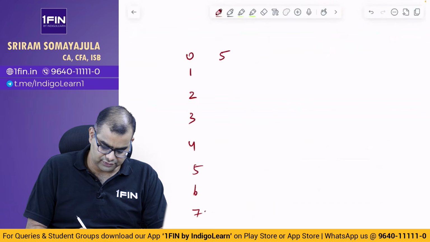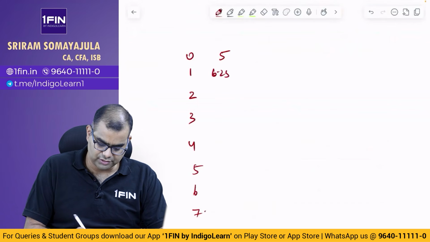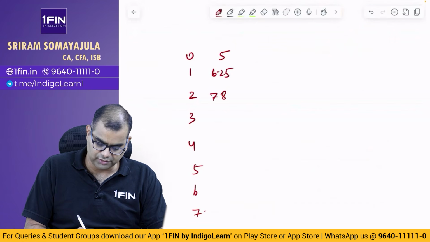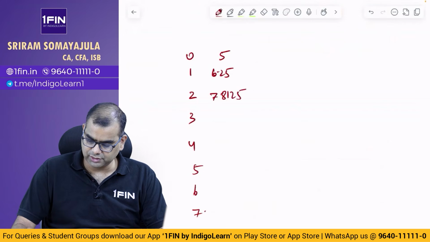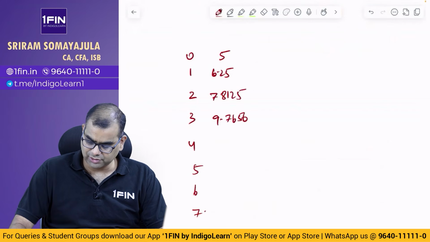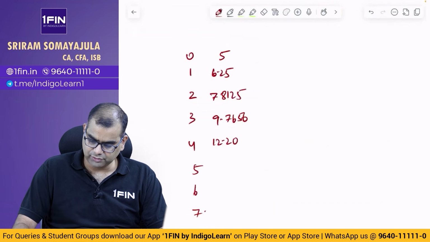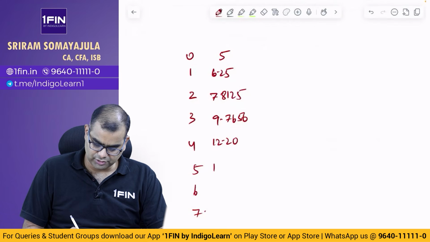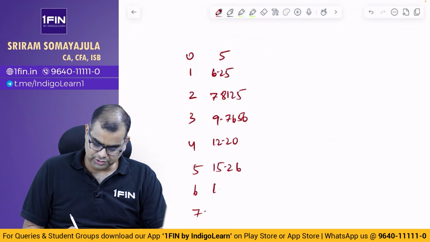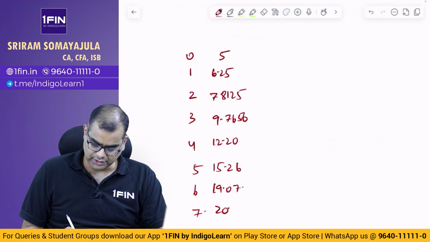First year is 5. 5 into 1.25 is equal to 6.25 into 1.25 is equal to 7.8125 into 1.25 is equal to 9.7656 into 1.25 is equal to 12.20 into 1.25 is equal to 15.26 into 1.25 is equal to 19.07 into 1.1 is equal to 20.98.